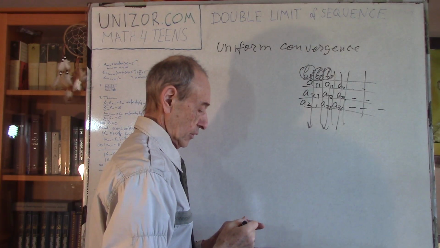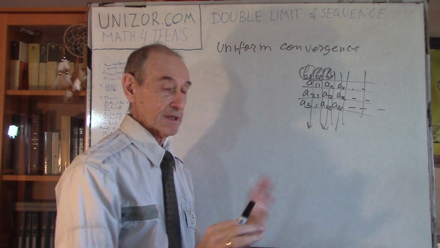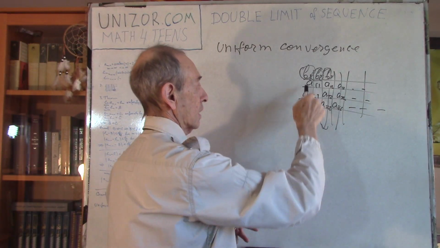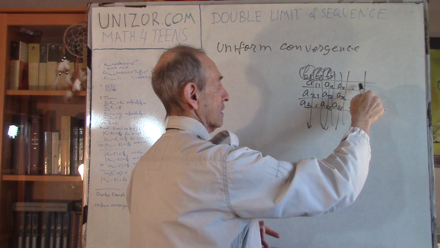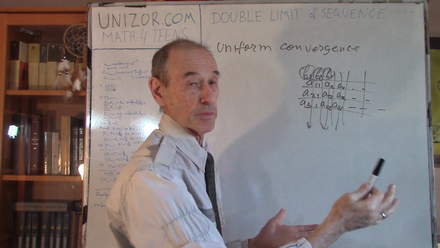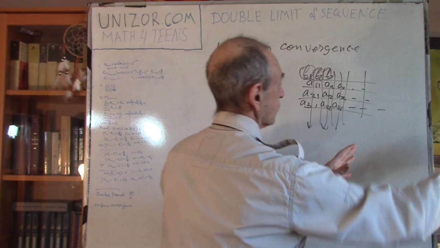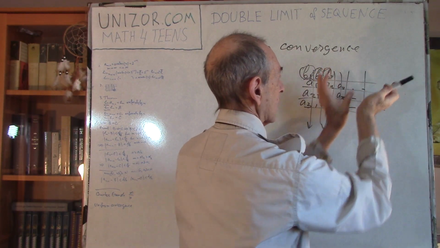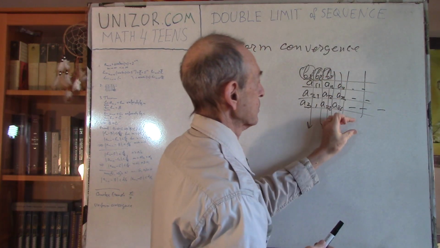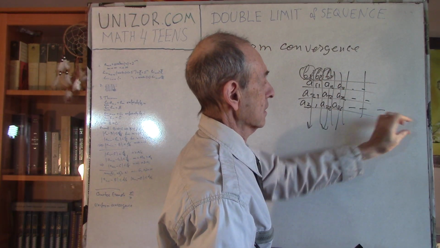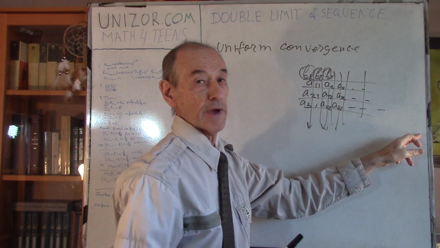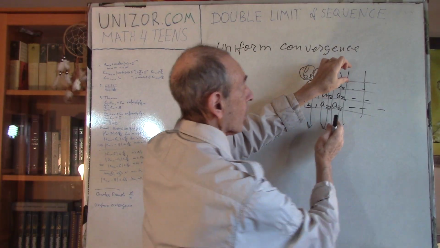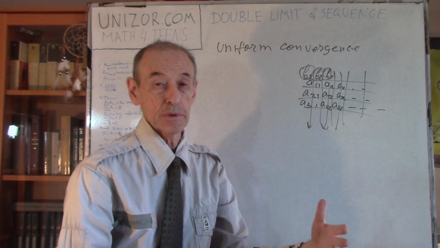Okay, so in a very non-scientific way, uniform convergence means, well, obviously not only that each column converges to some number, but also, at least starting from a certain number, they're all converging in the same way. So the difference between the limit and the concrete value of the double sequence will get smaller and smaller for all of these at the same time.